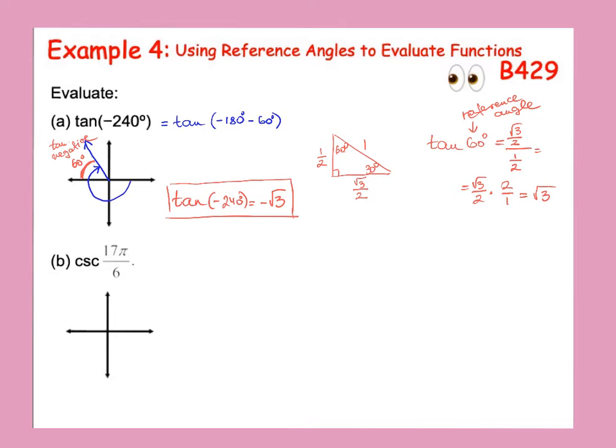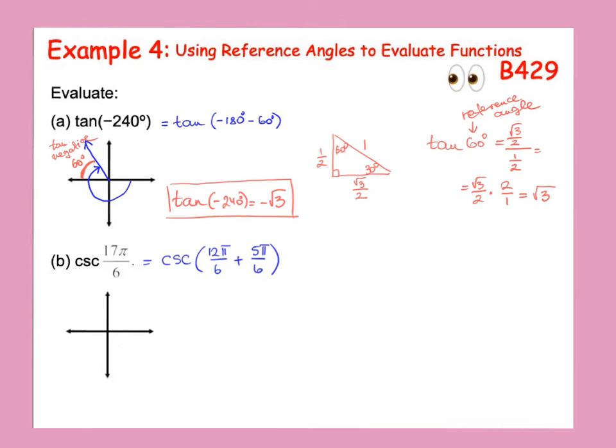Our second angle is cosecant 17 pi over 6. So again, I'm going to start out by rewriting it, and I'm going to say cosecant of 12 pi over 6 plus 5 pi over 6.